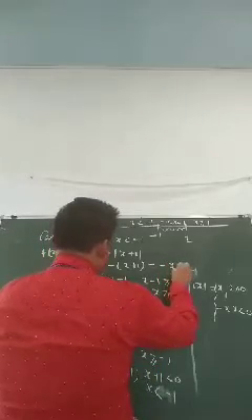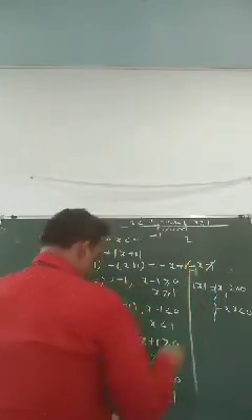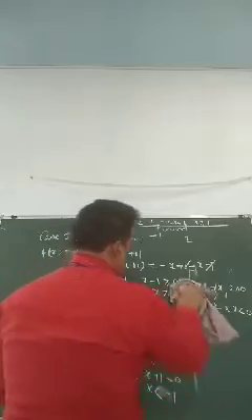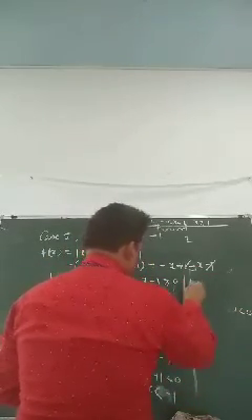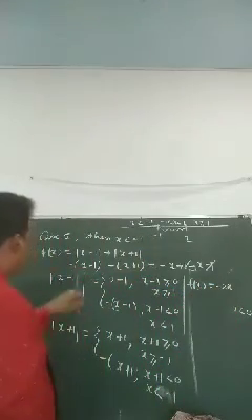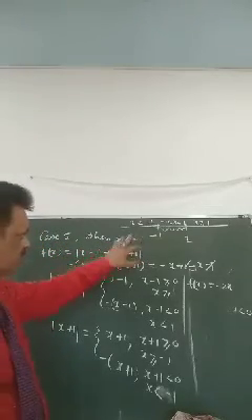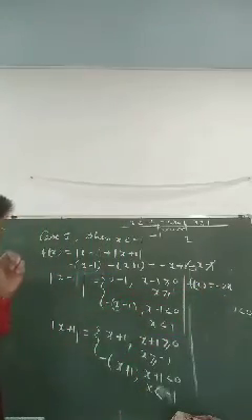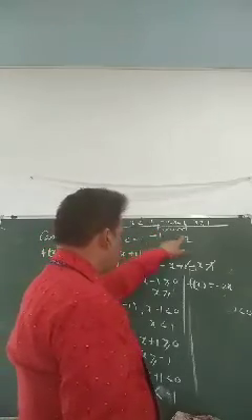Minus x plus 1 minus x minus 1. The 1 is cancelled. What did you get? f(x) equals minus 2x. So the first part we are noticing here, x is less than minus 1, the total function is minus 2x. Okay, now another case comes up when x lies between minus 1 and plus 1.